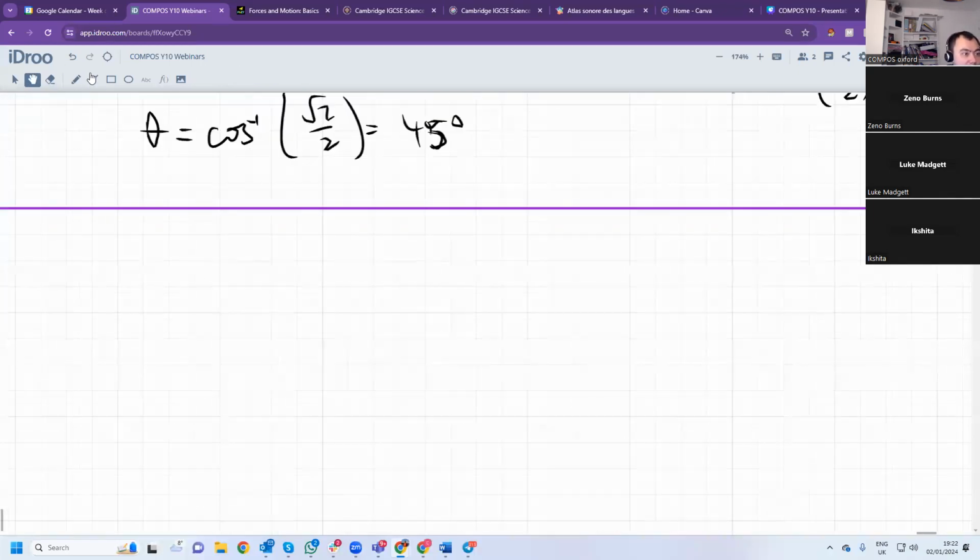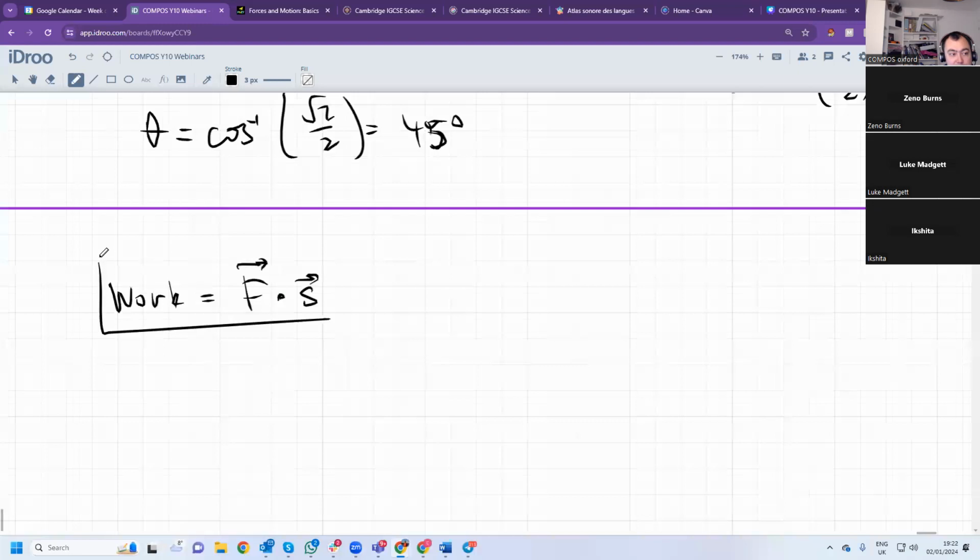Work is force multiplied by the displacement. So in physics, work is force times distance: force is a vector, displacement is a vector, but work is a scalar.